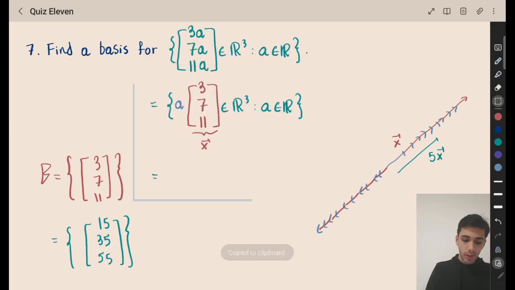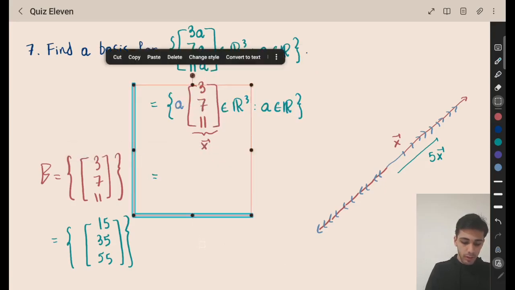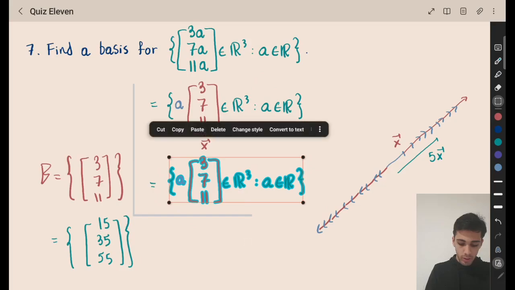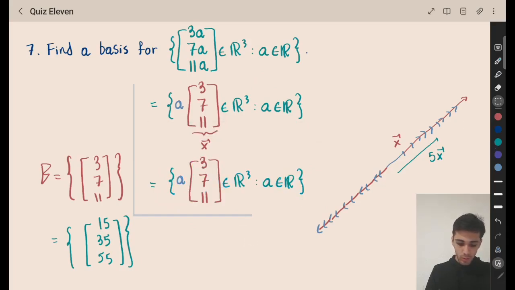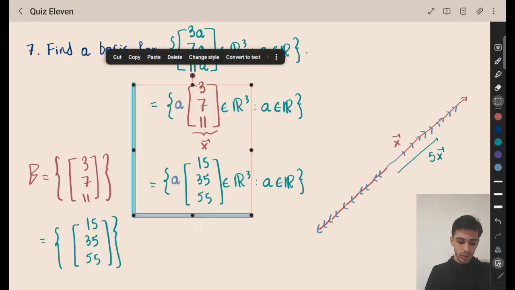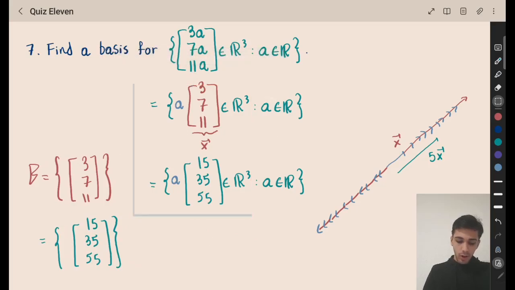I can just multiply this by any number, really. Here's why. The answer to this seemingly unintuitive result is the fact that if I take R and I multiply it by 5, I'll still get R.